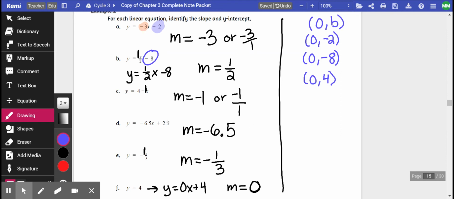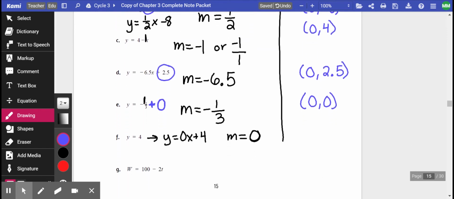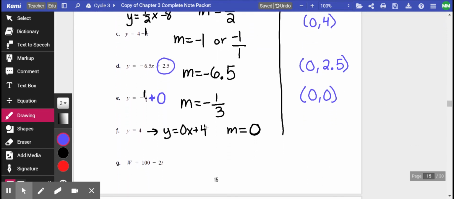For D, 2.5 is added, so this will be 0, 2.5 for your y-intercept. For E, nothing is added. So if you don't have anything added, you can think of it as adding 0. So your y-intercept would be at 0, 0. And for F, remember that we rewrote it like this. So 4 is actually added.